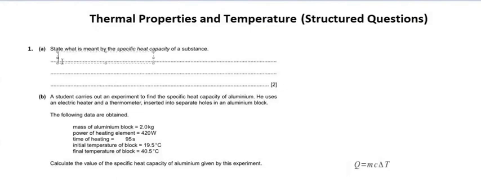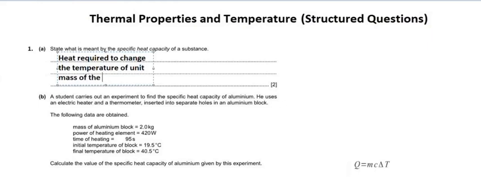So we can write here: the heat required to change the temperature of unit mass of the substance by 1 degree Celsius.